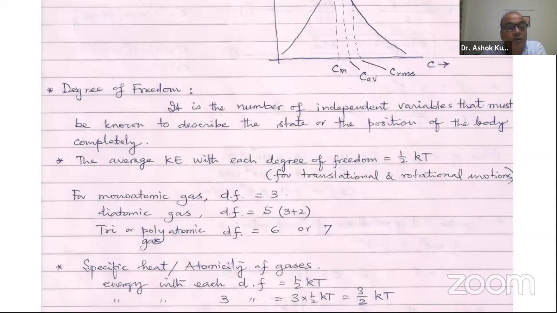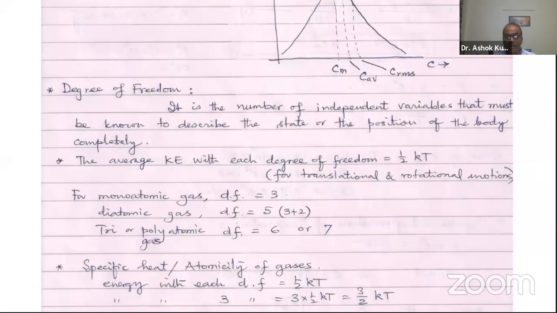But we know that the molecules have not only rectilinear motion or translational motion. The molecules can have translational motion, that means the motion which can be, for simplicity, assumed as along the XYZ direction.